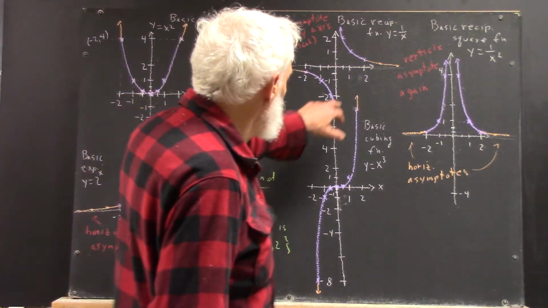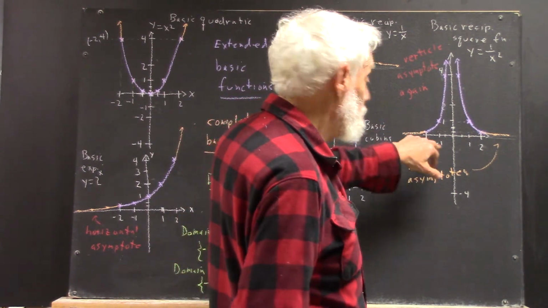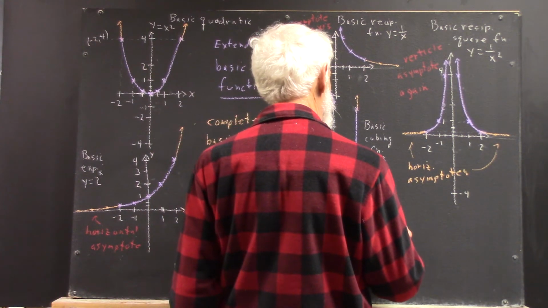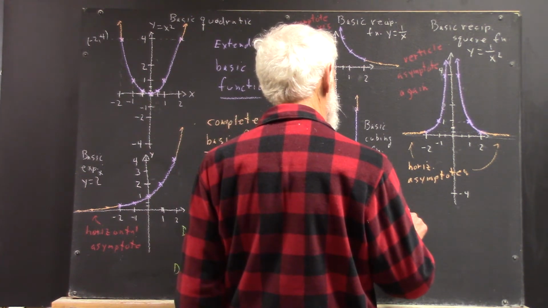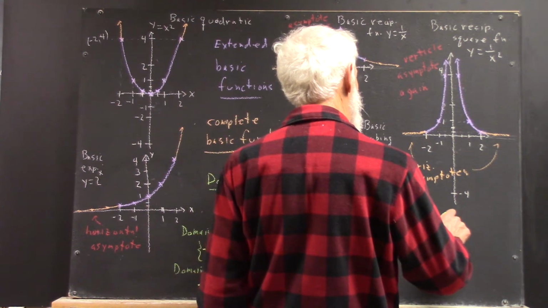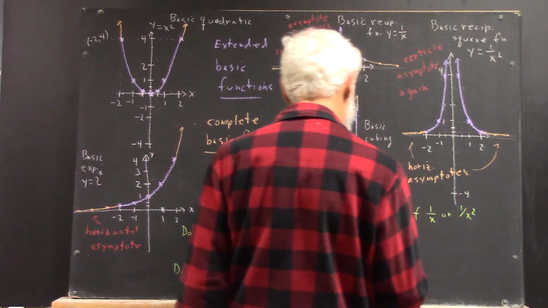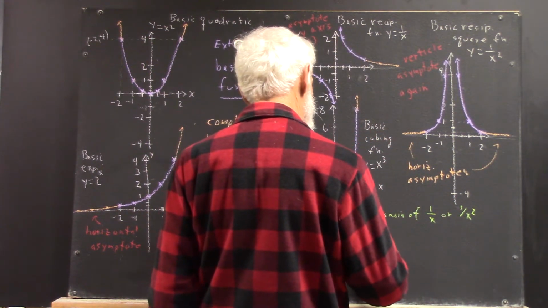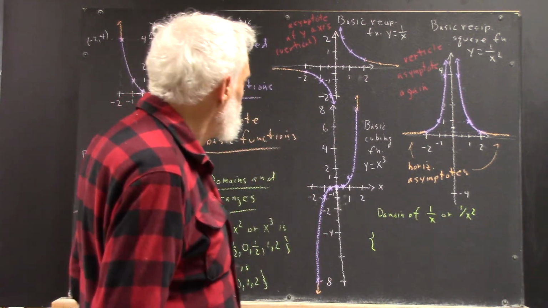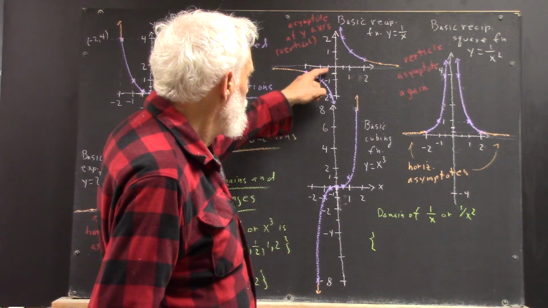Now, the domains of these two functions, the reciprocal and reciprocal square function, okay, what's the domain? Well, we have a point for x equals -2, -1, -1/2.